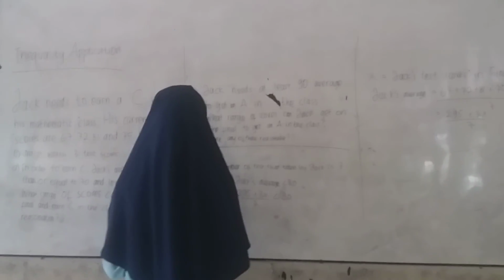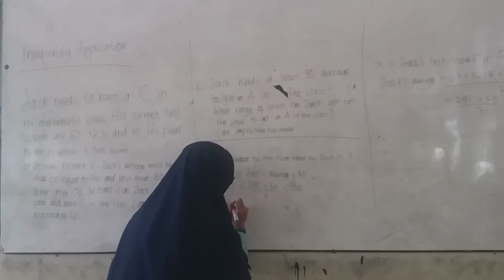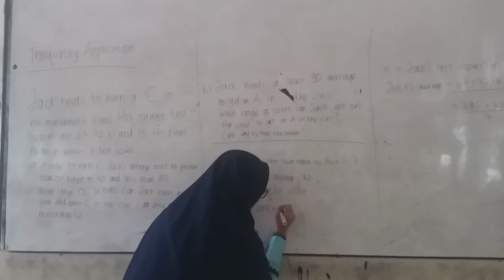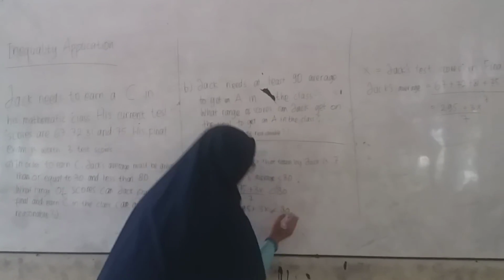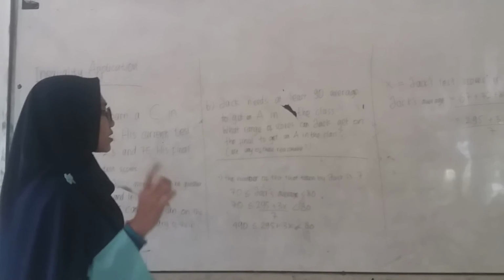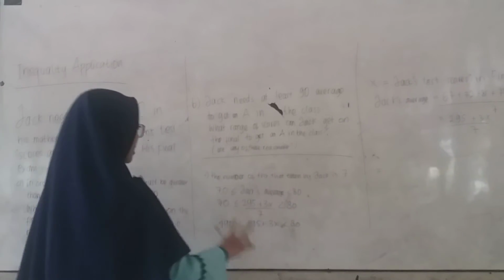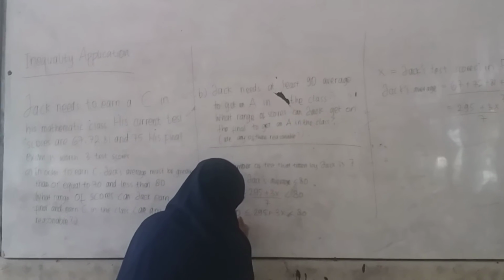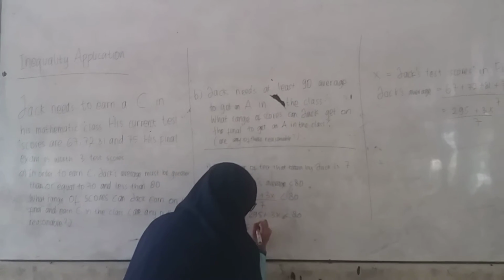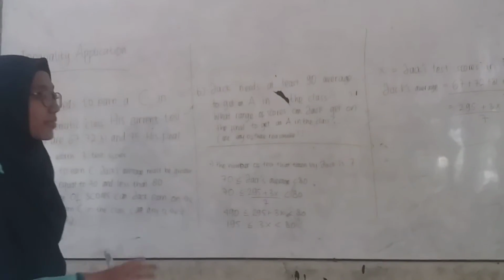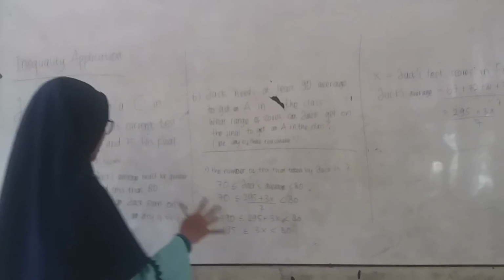So we got this, and we subtract 295 from each side. So we get this, and the last step is to divide each side by 3.